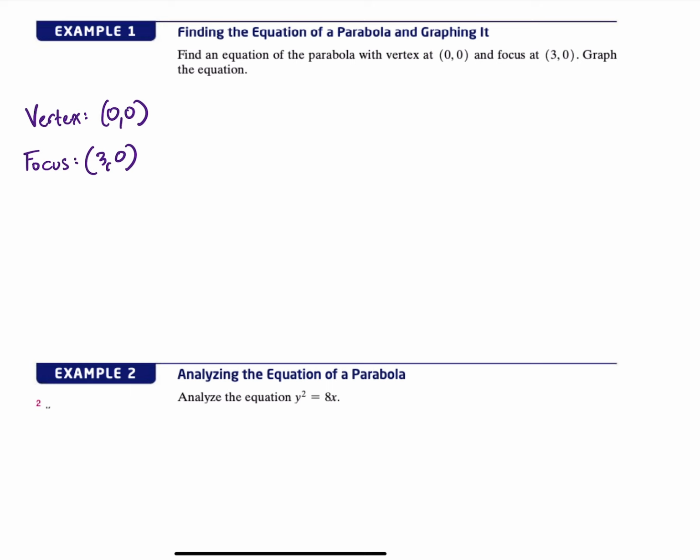So that means we can start to try to sketch a graph. So our vertex will be at the origin. I can place it there. And our focus point is over here at 3, 0. So 1, 2, 3. Put it in red. This will be our focus.